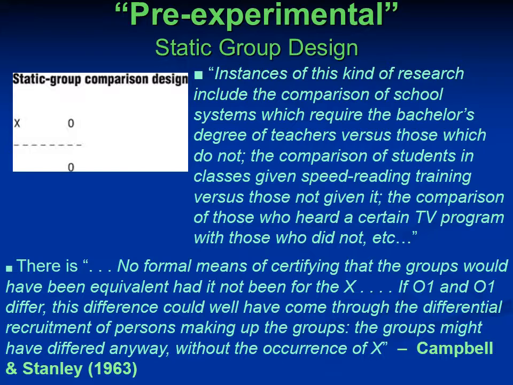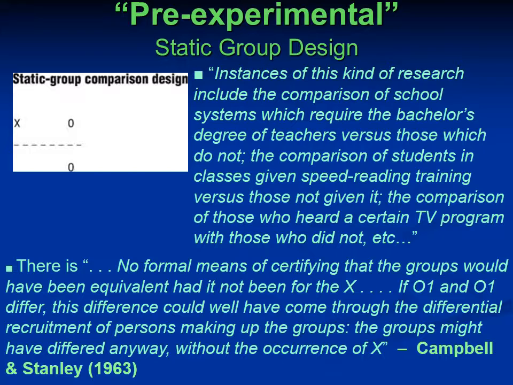You take two groups, and the members of one group have been exposed to a certain thing or subjected to a certain treatment in the past, which is denoted here by the X, which takes place before you even start measuring anything in these groups. And then you see how your two groups perform on a certain measure.